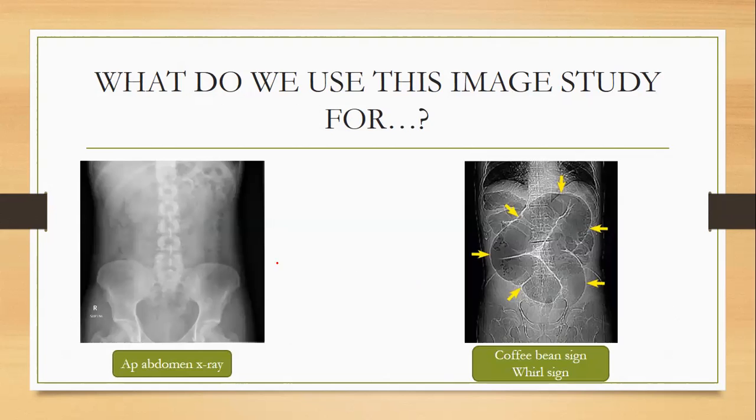On your left, we have an anteroposterior abdomen X-ray, right? And on your right, we can see the coffee bean sign. Also, we know this sign in Spanish as this one, right? And this name in English. Can anybody tell me the name of this sign in Spanish?